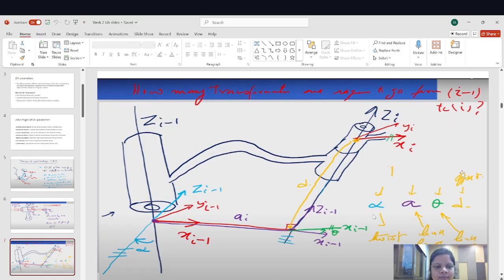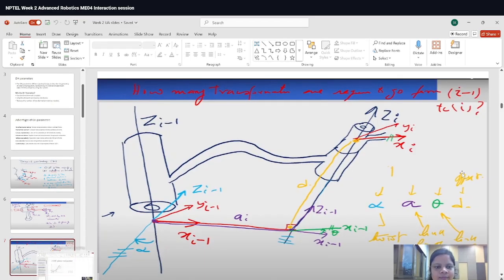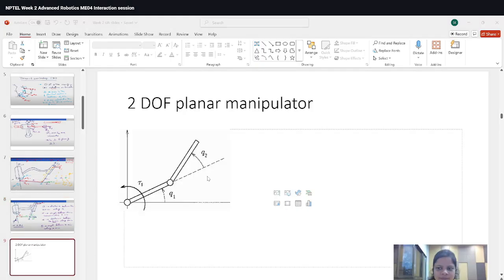Then a is the link length. Theta is the angle between the two x axes, and d is the offset. We'll see that. Just let me come to the right part. Okay, so we'll see this example, a 2-DOF planar manipulator.